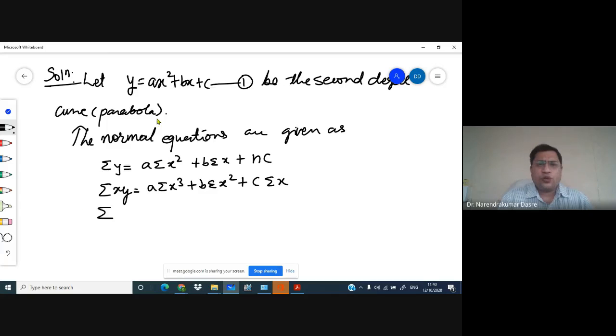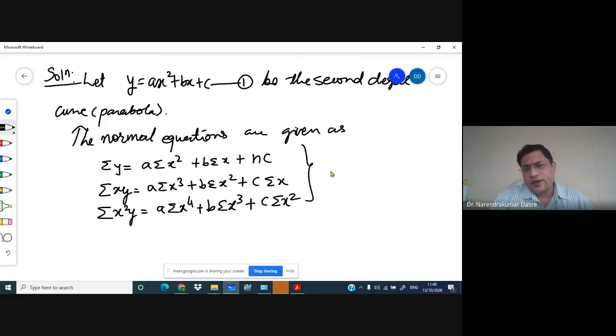As we know, we have three unknowns a, b, and c, because x data and y data are given. So we need three equations, and the third equation can be written by multiplying by x square and then taking the summation. So I'll have summation x square y equal to a summation x raised to 4, plus b summation x cube, plus c summation x square.